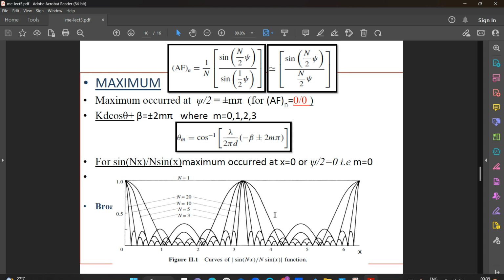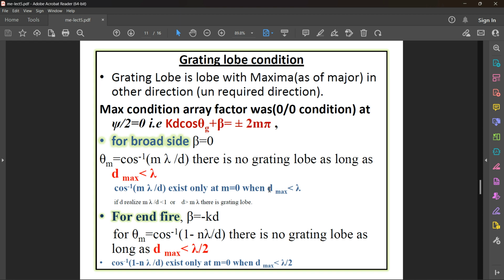So here we have zeros at x equal to 0 and psi by 2 equal to 0. Okay. So the grating lobe condition we also have to study here. A grating lobe is a lobe with maximum in another, unrequired direction. The maximum condition is where psi by 2 is equal to 0, or otherwise kd cos theta plus beta is equal to plus or minus 2 m pi.